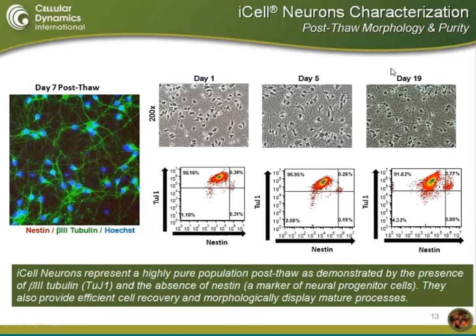Now, in order to do the work that we do here at CDI of iPS cell reprogramming and terminal differentiation, we really focus on three key characteristics for adoption of our technology into new organizations. And those are quality, purity, and quantity.